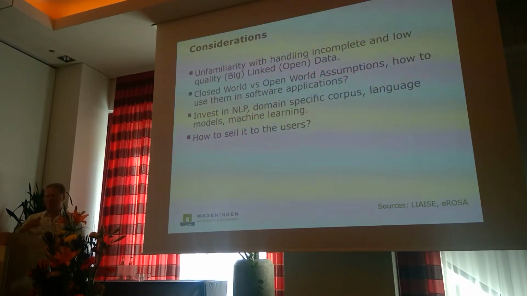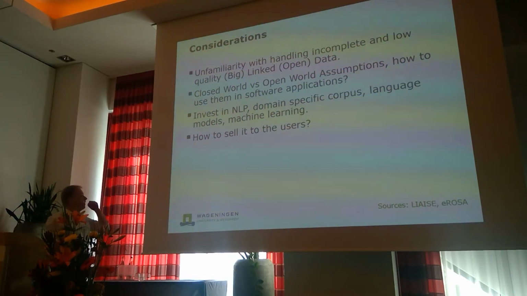If we don't have the statements in the data set, then we assume that it's false. And the open world assumption is more like the linked data world, where everybody has a little piece of knowledge and we bring it together to get a complete picture. So that's the key thinking behind the two worlds that is different, and at some point we have to bring that together.